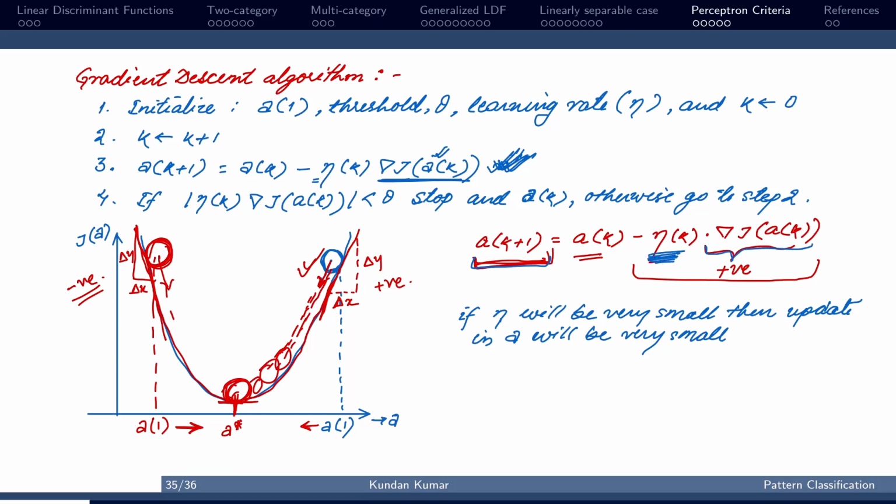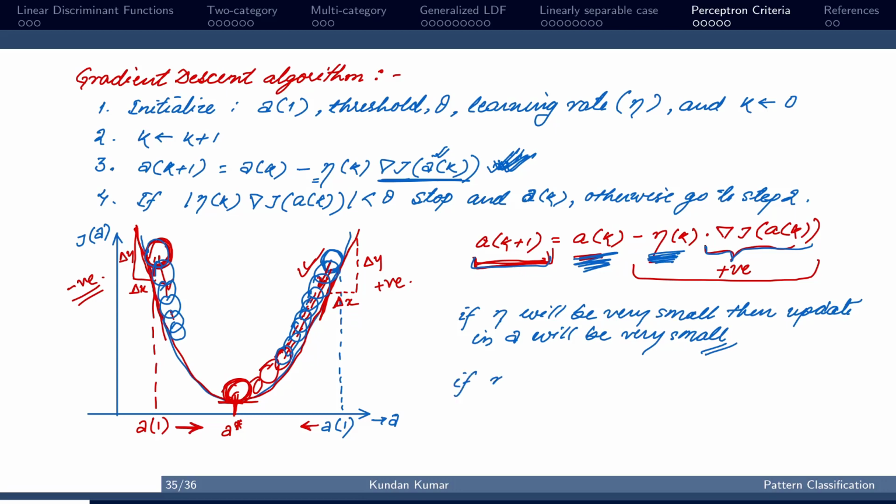So if eta is small, there will be a small change in the weight, and it will go very slowly towards the negative gradient of the criteria function.